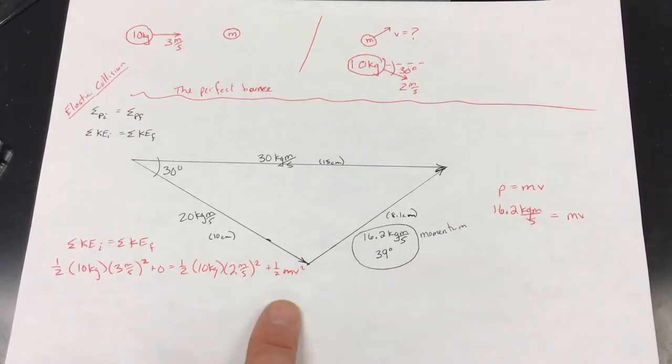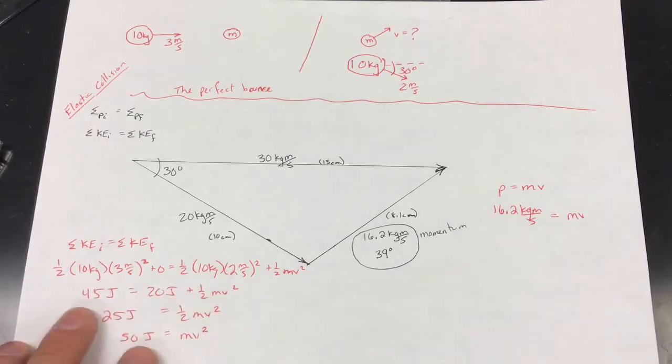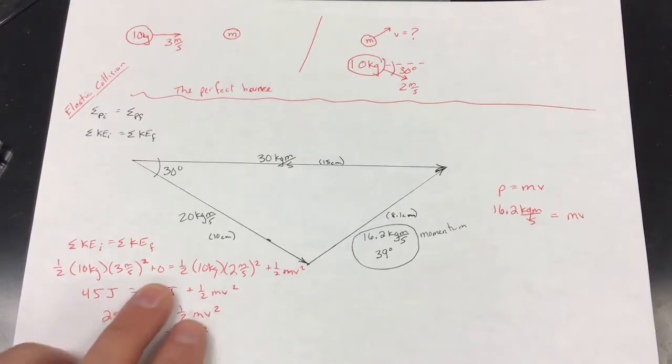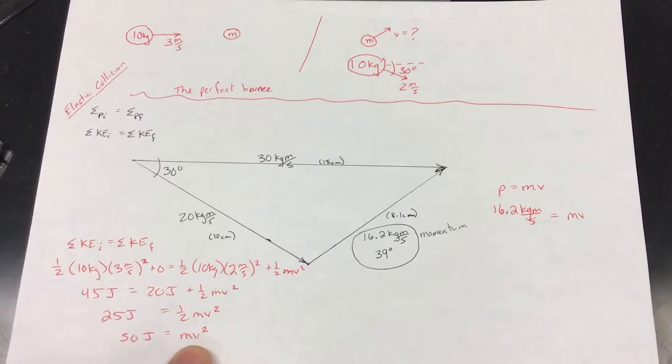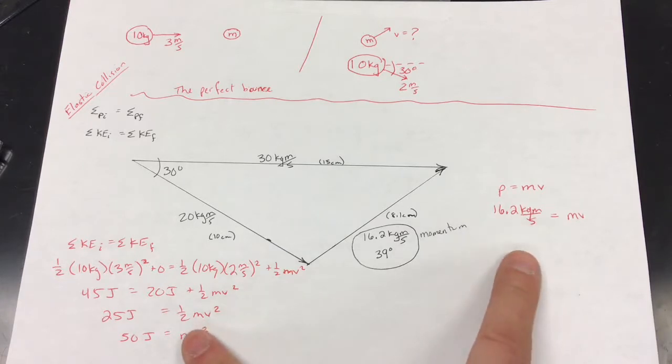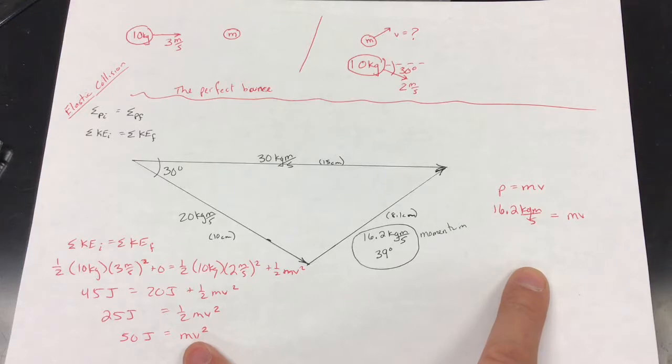I can do a substitution and solve for both the mass and the velocity. Put the numbers in: 45 joules equals 20 joules plus 1/2 mv squared. Subtract the 20, get 25. Multiply by 2, you get 50. So mv squared is equal to 50 joules, and mv is equal to 16.2 kilogram meters per second. Take those two, put them together, solve for mass and velocity, then back check.